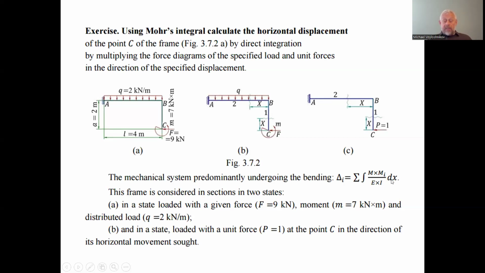And the abscissa axis, any coordinate axis, is not so important. X could be the line from the beginning of the element to the end, a straight line going through two points, the beginning and the end of the element. So we say X axis.